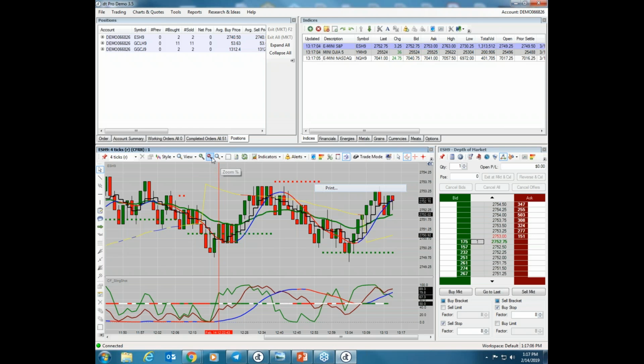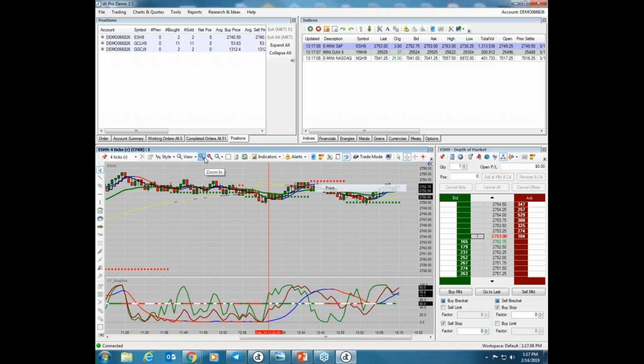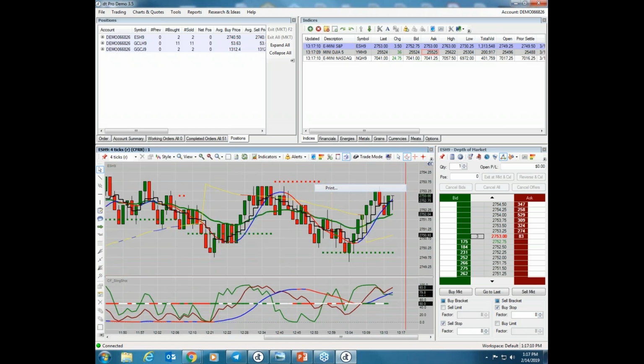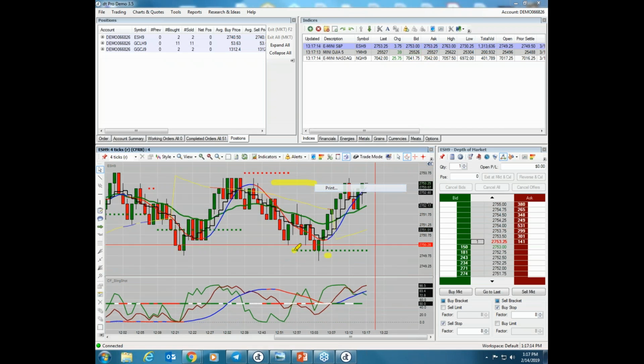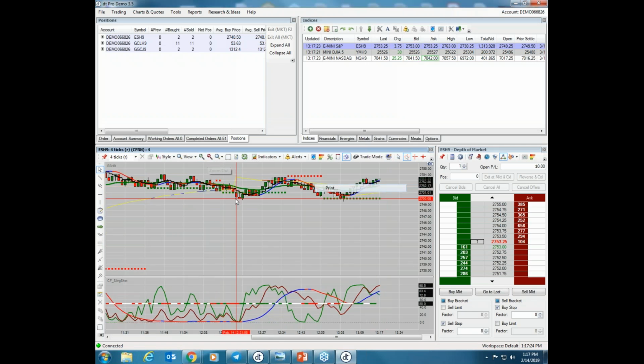Now, if you're unsure about whether we're trending or not, one clue is to look at the dynamic support and resistance dots. When they're side by side like this, that is a clue we are not trending. That is a real good clue. Notice how they're side by side here.